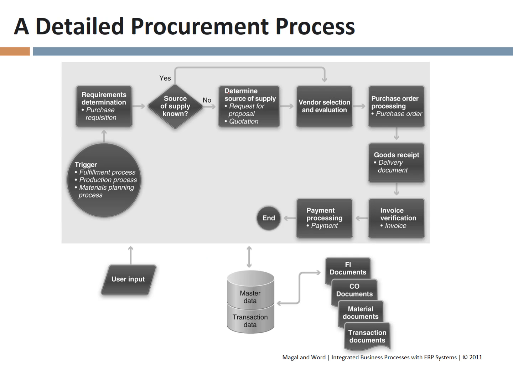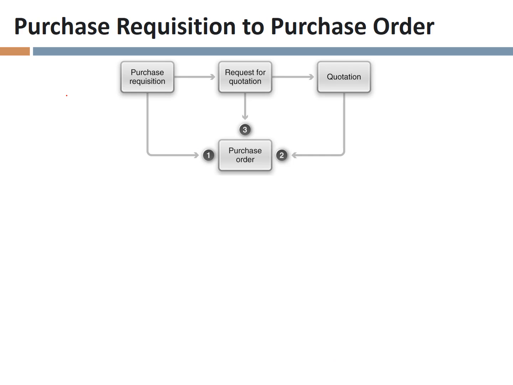So if we go back to our diagram here, we've talked about this now. Requirements determination, we have a purchase requisition. So when this gets sent to purchasing, they have one immediate question, which is, do we know who we are sending this purchase order to? And there are two different scenarios here illustrated by this diagram at the top.